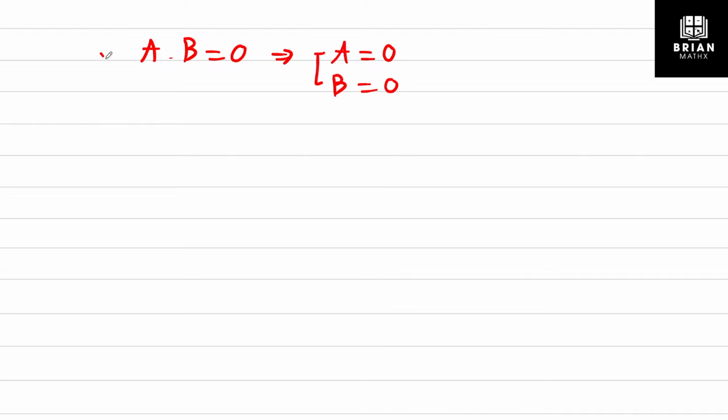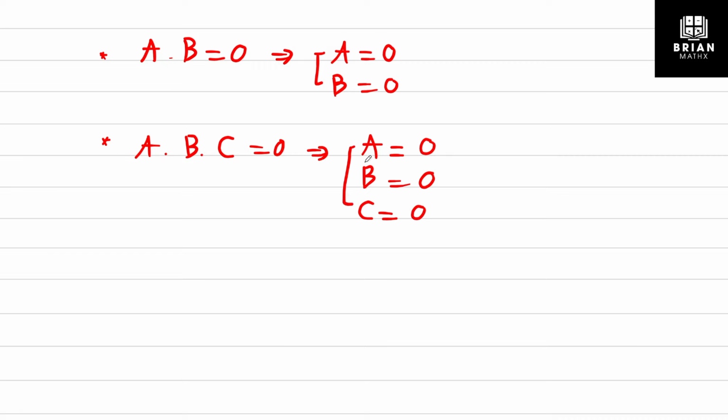So how about a multiply b multiply c equal to 0? Because the right hand side is equal to 0 and your left hand side is in the form of factorization, if you want to solve this equation, you just put them one by one equal to 0: a equal to 0, b equal to 0, or c equal to 0.